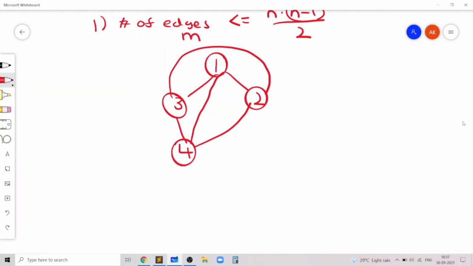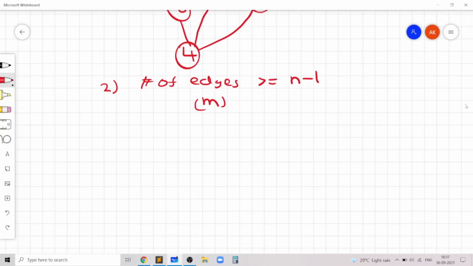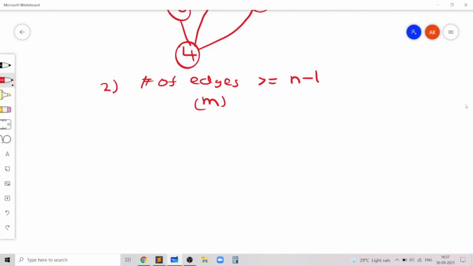The second condition which we need is that the number of edges should be greater than or equal to n minus 1, or basically m should be greater than or equal to n minus 1. The reason why this is true is because we need the graph to be connected. So basically we know that a tree is the smallest connected graph.